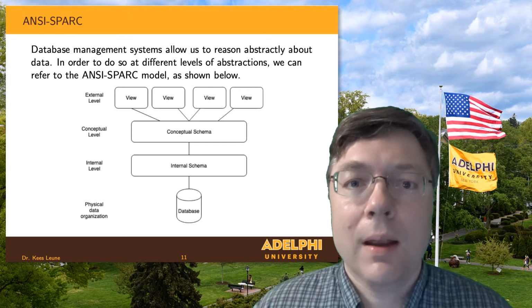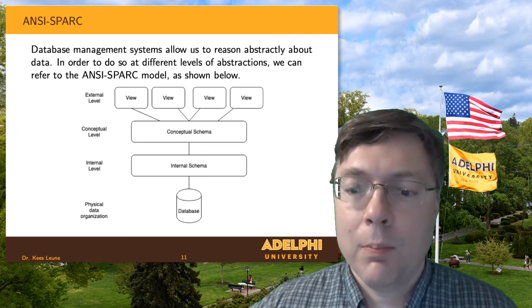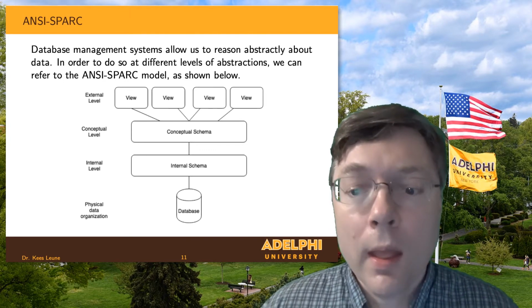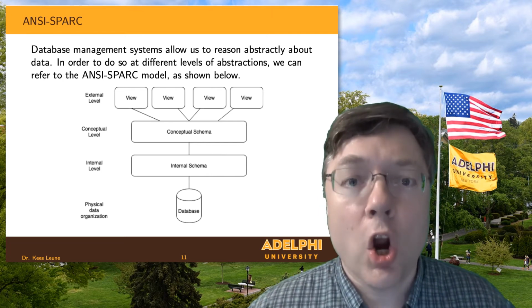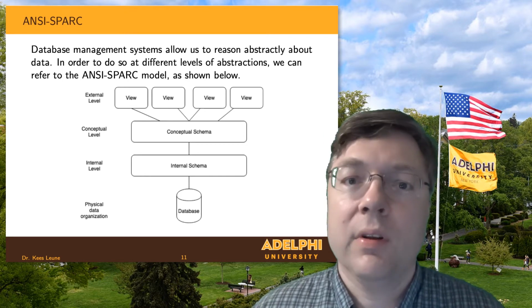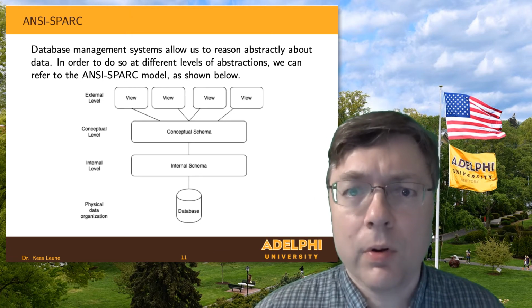For example, in my database, I might store your date of birth, but I might present that at the external level as an age. The data is still the data, it's still the same thing in the conceptual level, but in this particular external view, I'm presenting your date of birth as an age, not necessarily as your actual date of birth.